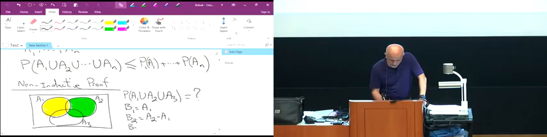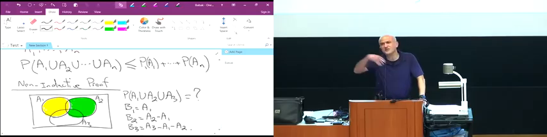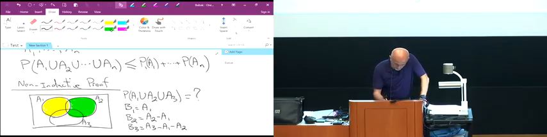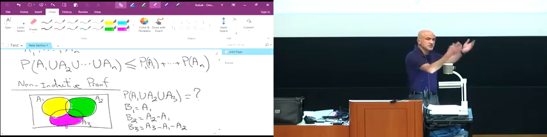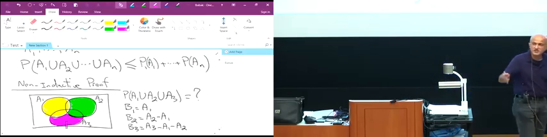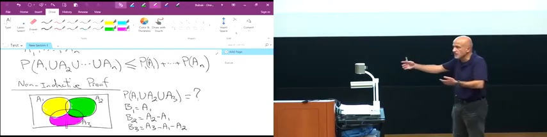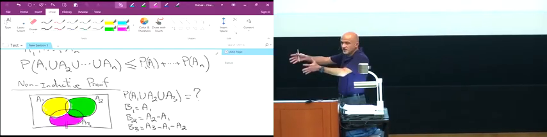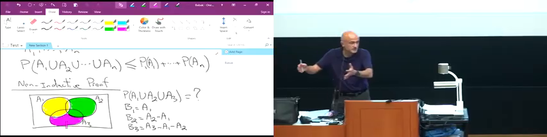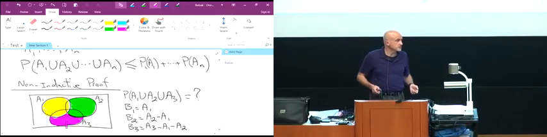I'm going to define my B3 as A3 minus A1 minus A2, minus everything that has come to pass in terms of indices. And that would be what? This portion here. Right? Do you agree that these B's as I've defined, and if I have more sets, A sub n, I would just define all these B's exactly the same way. For every new index, I subtract from that A sub k, whatever it is, all the previous areas.